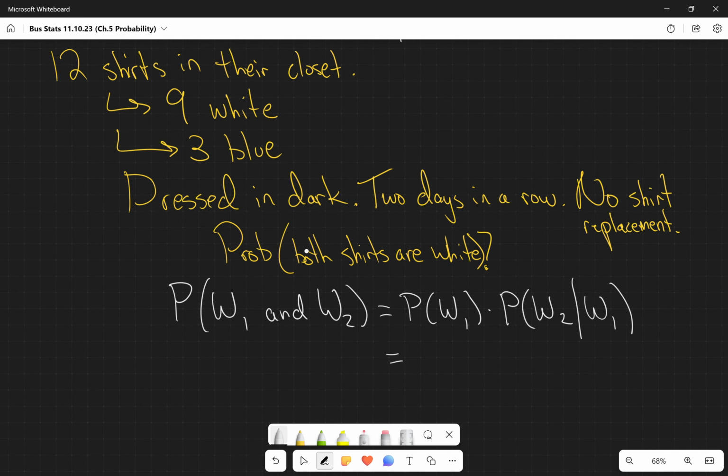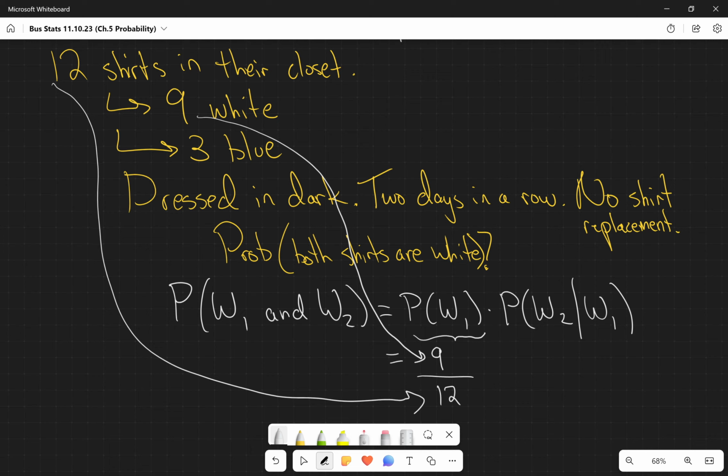And so for that first value, the probability of W1, we're just going to take the instances of a white shirt from over here, and divide it by the number of occurrences from over here. Pretty easy.